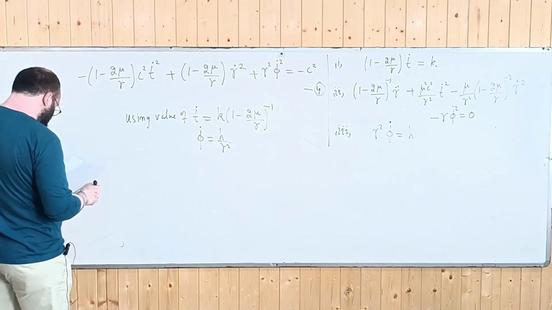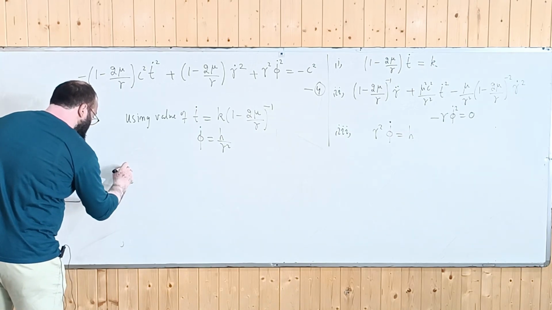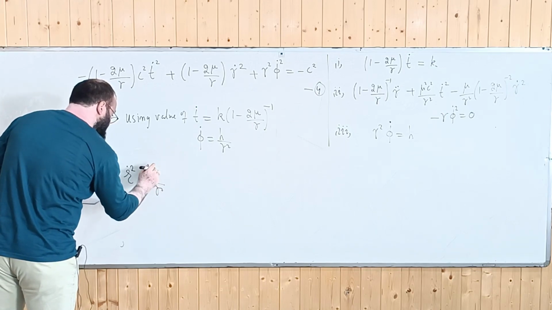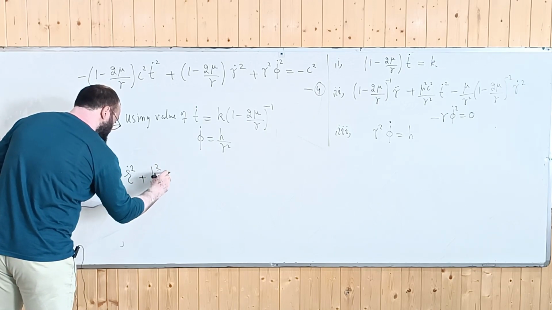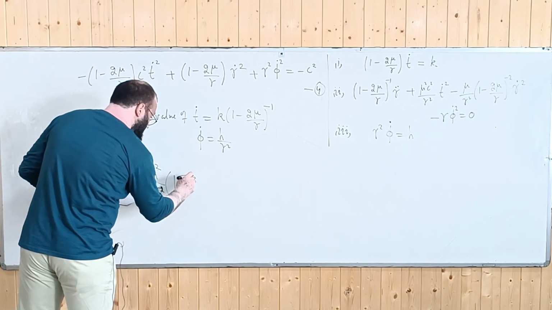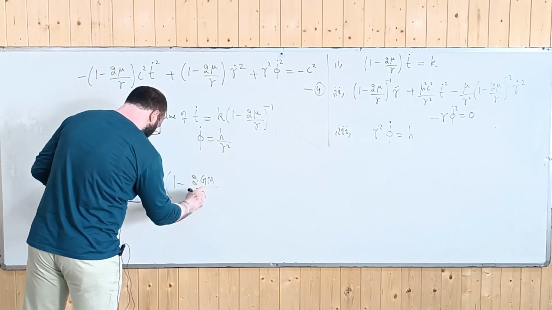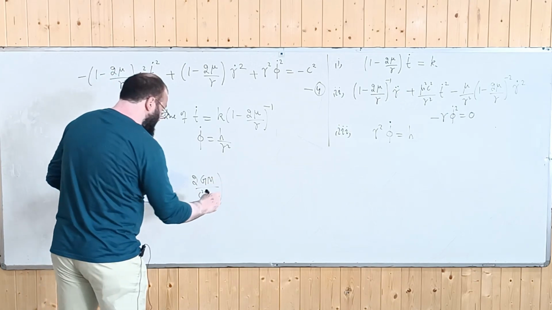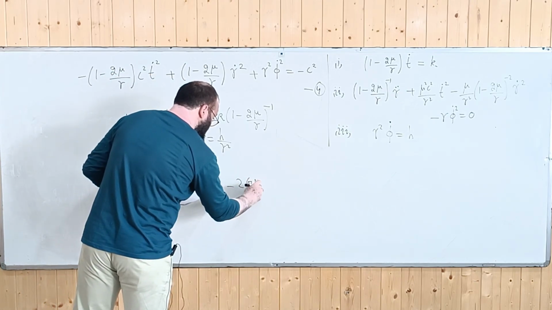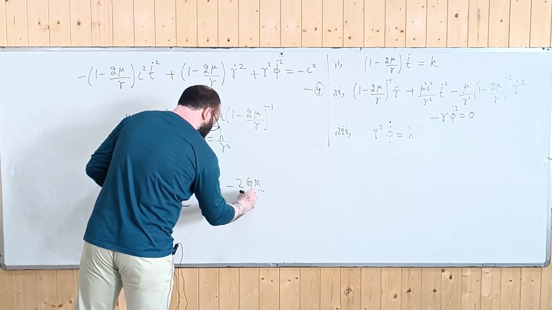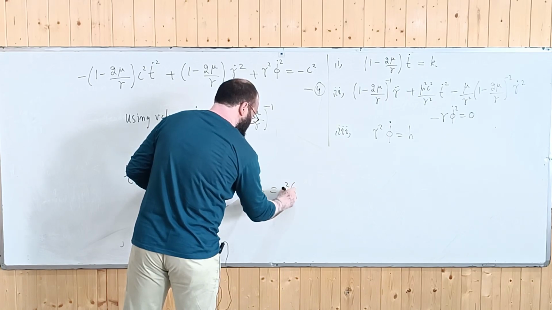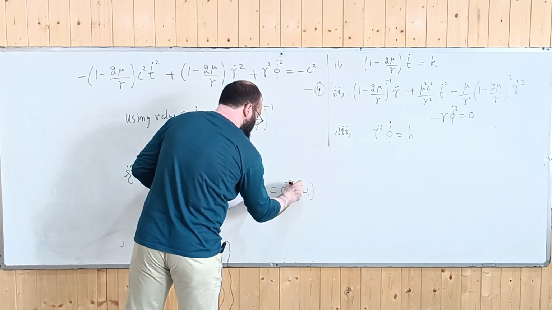So we will be getting r dot square plus h square by r square times 1 minus twice gm by c square r, minus twice gm by r, equal to c square times e square minus 1.